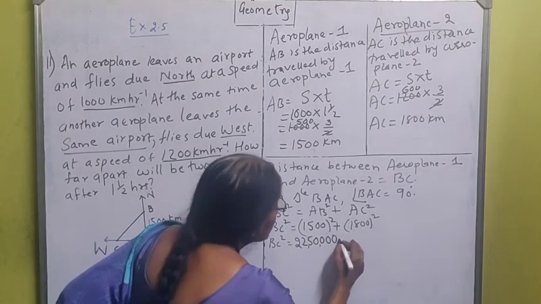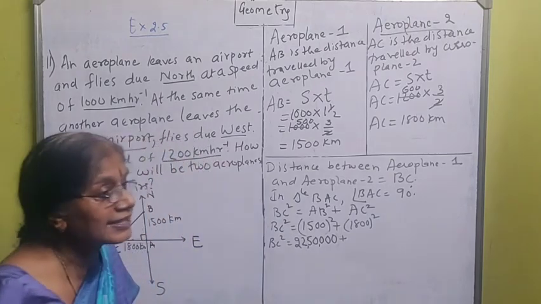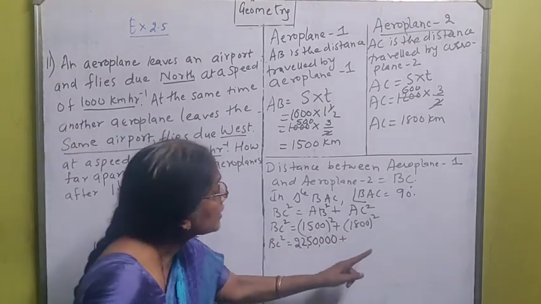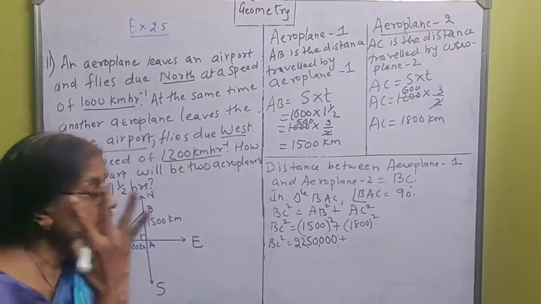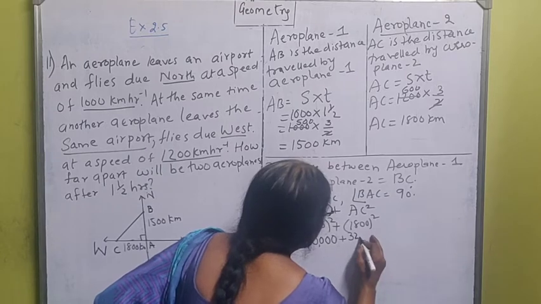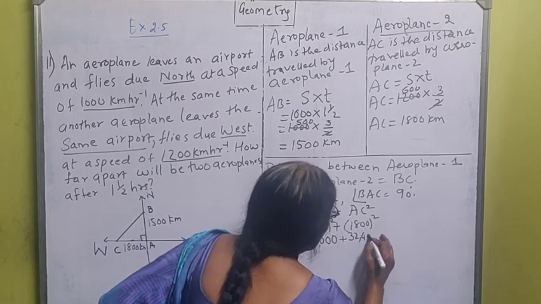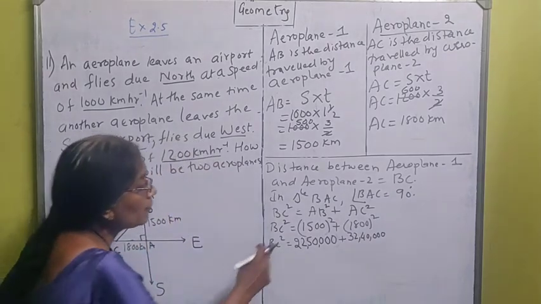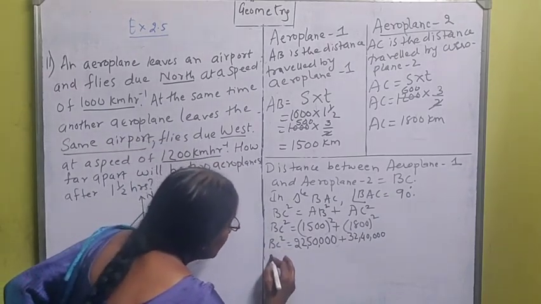Second one we will do the same thing. 18 square is 324. 100 square is 10,000, so I add 4 zeros. It became 32 lakhs 40,000. Now I have to add these two. So what will I get?